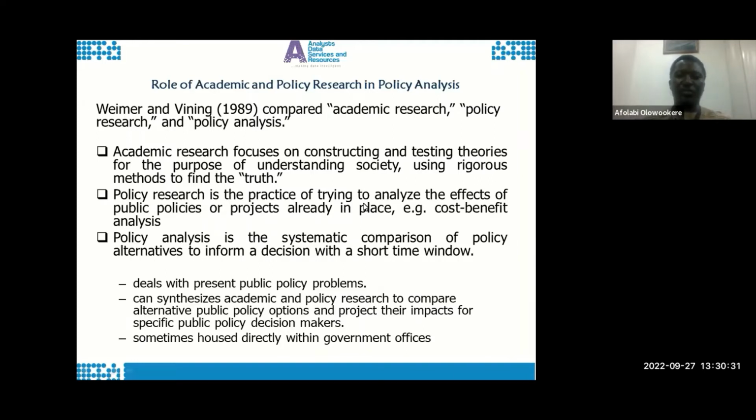The truth is in inverted commas. It's difficult to know what the truth is, but in academic research, you actually want to get that truth. You use your theories and robust methodology to test the theories and look for what is actually the truth in a replicable manner.